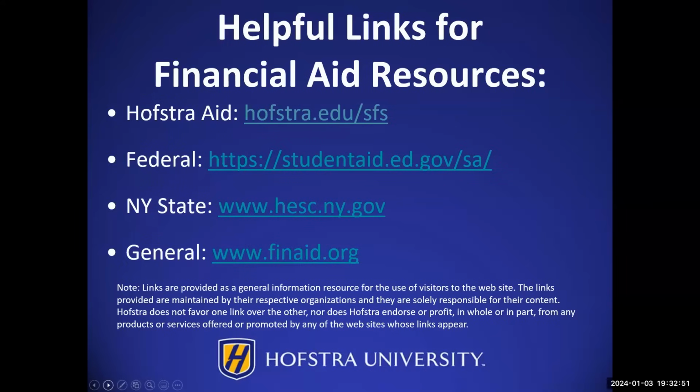For any federal aid or FAFSA questions, you can go to studentaid.gov, which is the direct link for the FAFSA. If you're a New York State resident and you're interested in any state aid, you can go to hesc.ny.gov. And for any general information, finaid.org is another great resource.